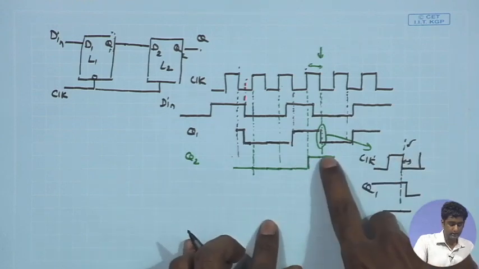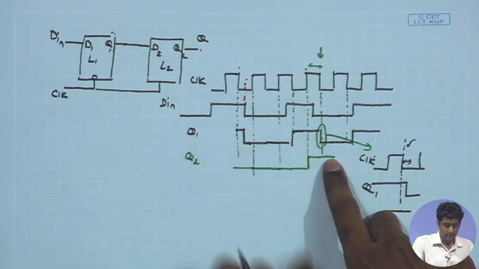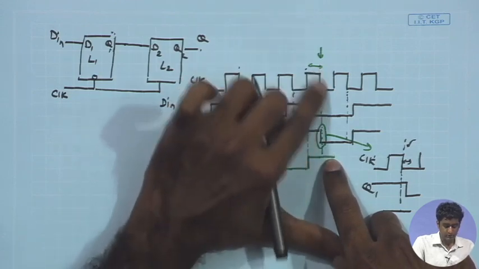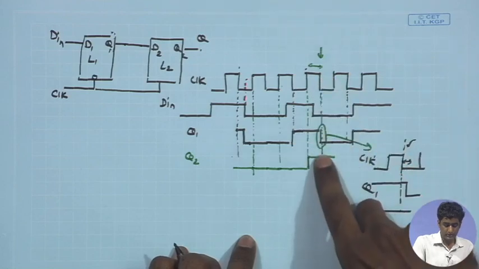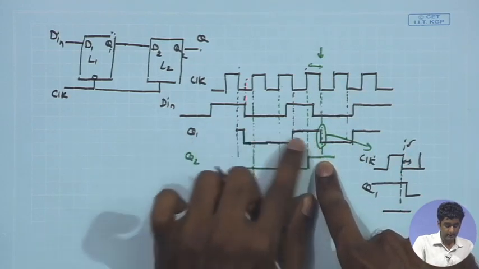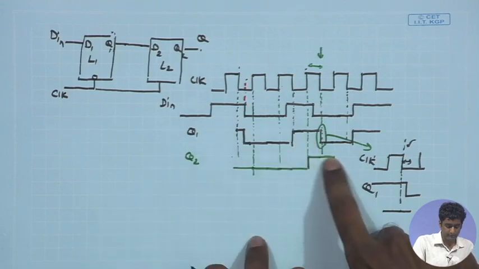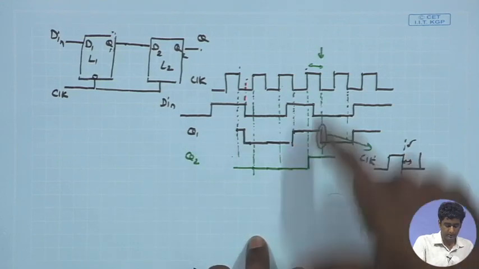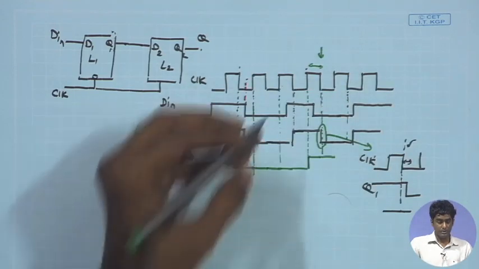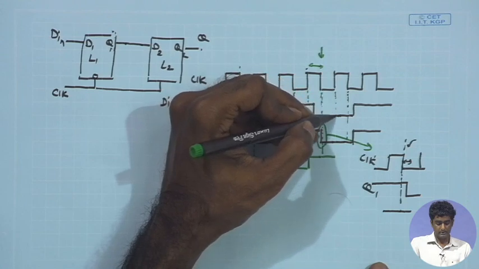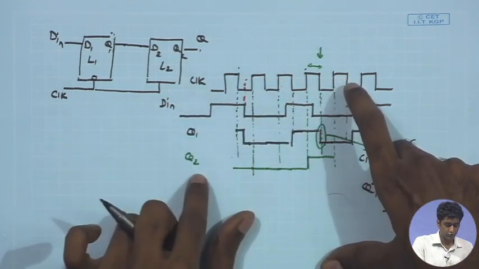Therefore, here we are seeing that for the Q2 latch, whatever data level was available just before the falling edge of the clock will be retained, and that is the value of Q1 which was available before the falling edge. That value is going to be retained till the next positive edge of the clock comes, and at this point once again you have the positive transition of the clock happening.